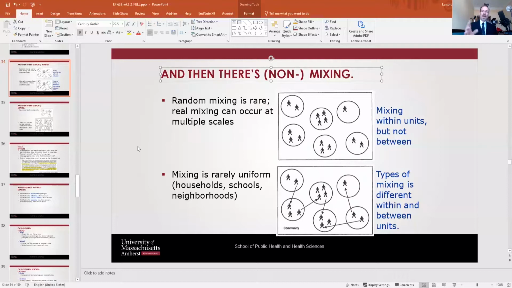And so this is having vast implications on the dynamics of transmission of COVID-19. We're seeing that cases are appearing in poor neighborhoods, for example, and not in wealthy neighborhoods, because their contact patterns are different and they're not in contact necessarily with each other.